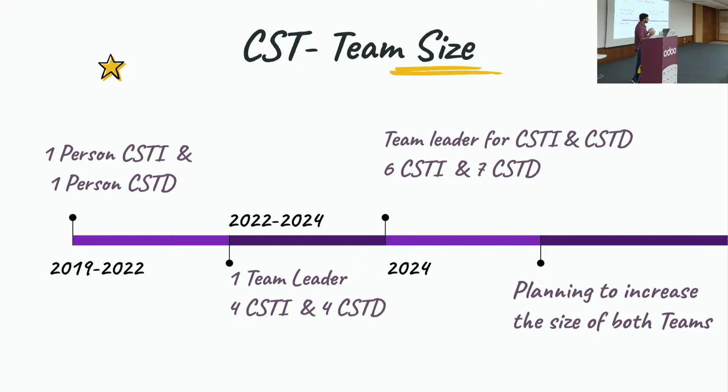This structure continued for a couple of years. In 2024 we divided these two departments into different teams, one led by me and one led by my colleague Mr. Dhruv, and we have 6 and 7 employees respectively right now. We will also increase our team size, maybe to 10 to 15 in the coming years. This is what our team size is all about right now.